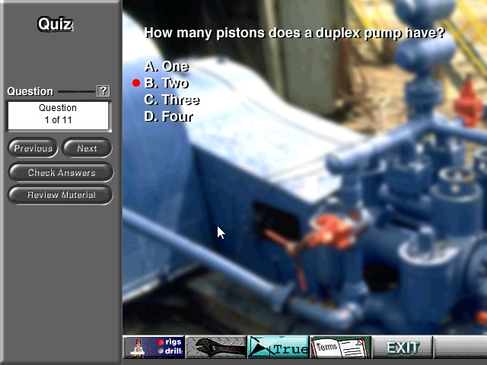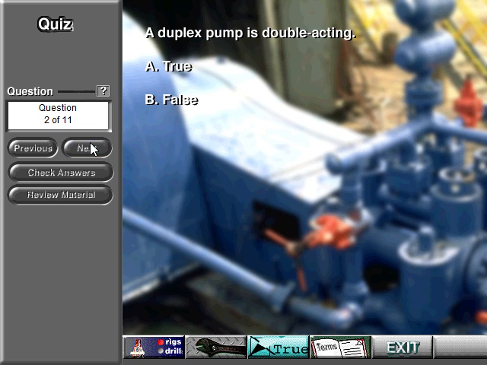Duplex pumps have 2 pistons. True or false? A duplex pump is double-acting. A. True. B. False. That's good. A duplex pump is double-acting because on one side of the piston, mud is entering the cylinder, while on the other side, mud is being discharged.